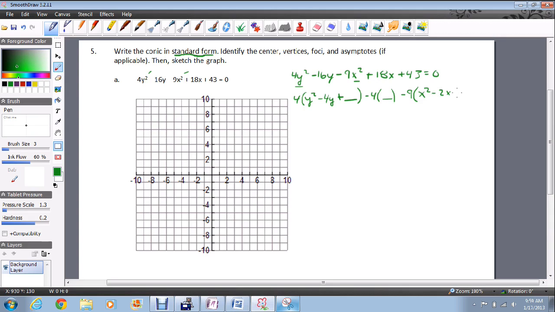So be careful. Basically, the sign changes in these two steps. Plus the blank spot for completing the square, minus whatever we put on the inside, equals negative 43. I just put the 43 on the other side. Now, a little key thing here is that this is going to eventually be distributed to here.